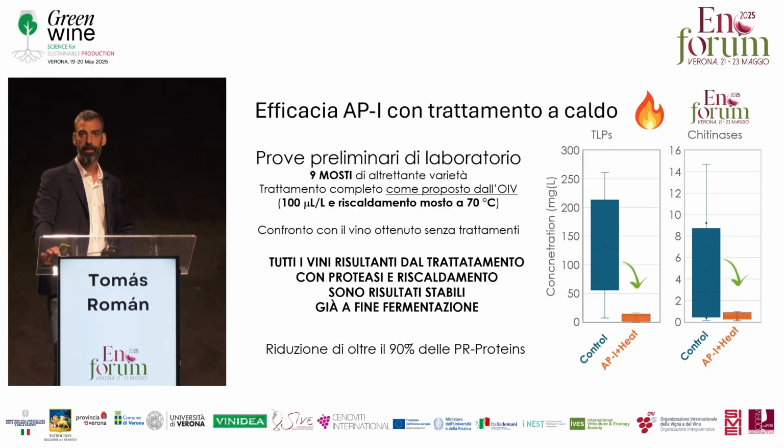At laboratory scale, we therefore produced a few test tubes to see if it worked well, using an approach that would just leave the OIV recommendations partially aside and combining the protease treatment with the warming up of the must. That led to the production of wines that are stable from a protein perspective at the end of alcoholic fermentation without any additions and without any further treatments.